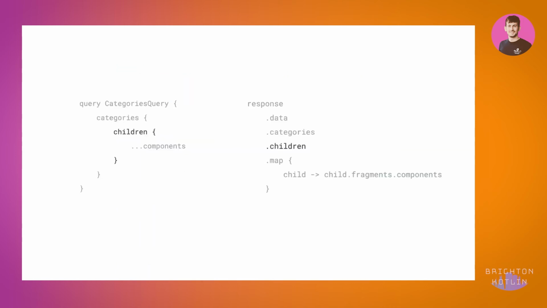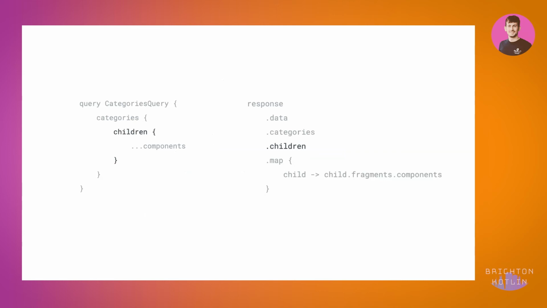With that in mind, we can access the children from the categories response. When we query for the categories, we query for the children of these categories. These are represented as a property inside of the categories data of the response model. If we remember from when we broke down this query previously, we were using fragments. This is what the body of these children are going to represent.